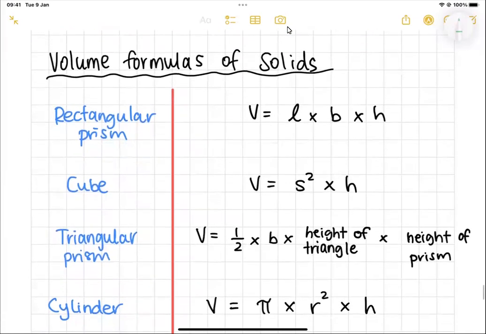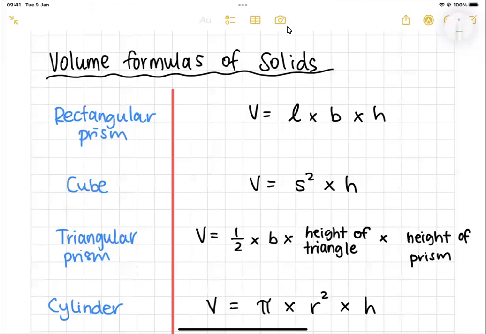Here on the screen, I have provided you with a list of formulas for finding the volume of various types of solids. Here I have compiled common solids that you will be seeing in various different types of questions where they will combine them together to make a composite solid. However, there will be a time where, let's say in an exam or in a topic test, you will have to deal with non-common solids.